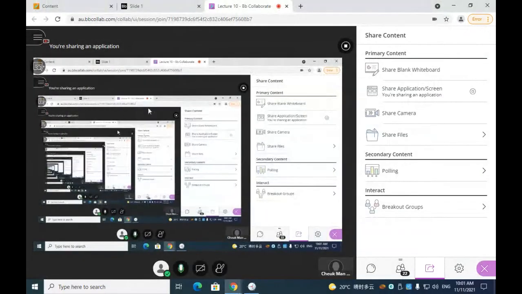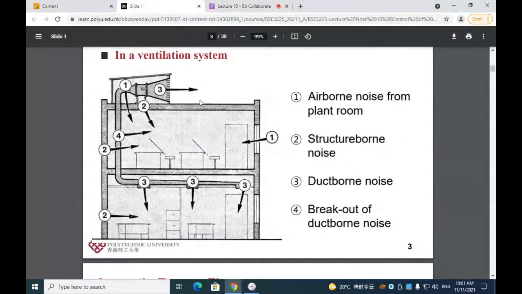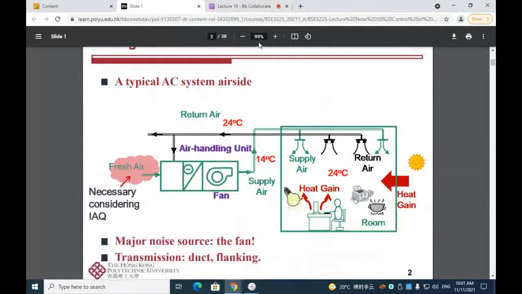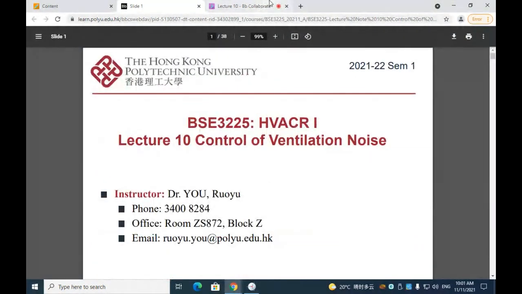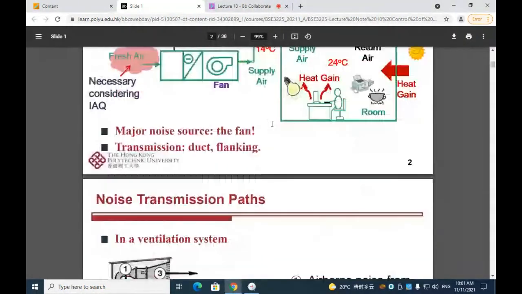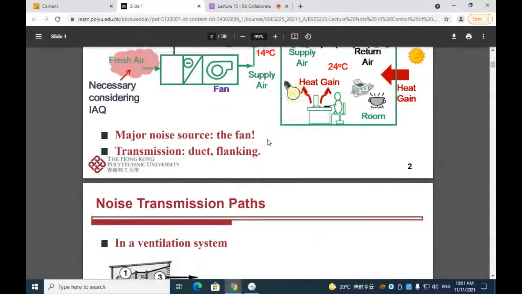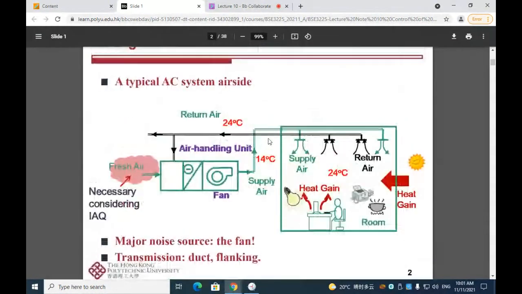Okay, so now we are going to move on to our last lecture, and this lecture will not be tested, so we will only briefly go through lecture number 10, control of ventilation noise. First of all, we will be looking at the background.